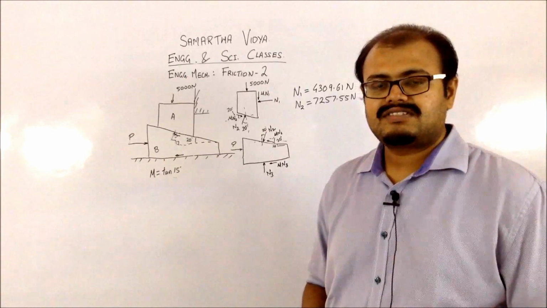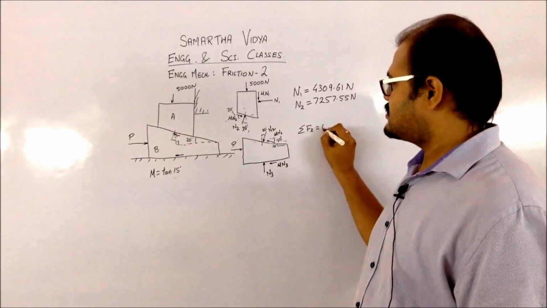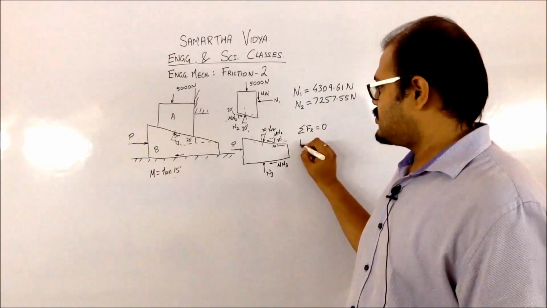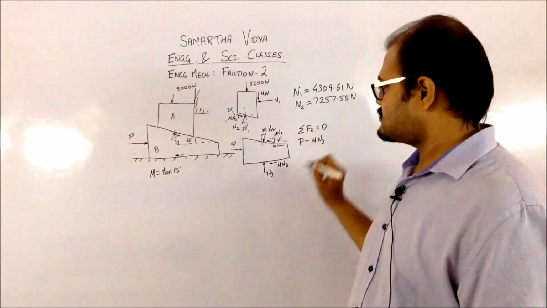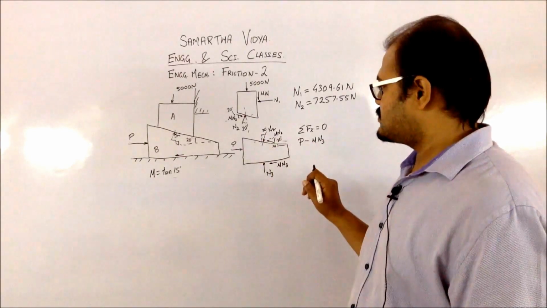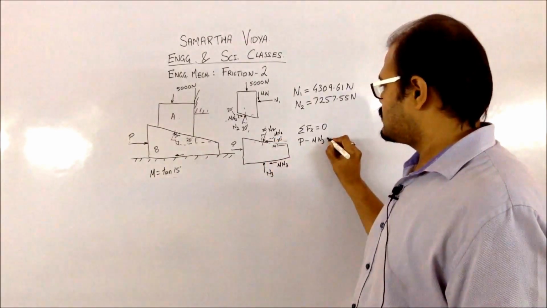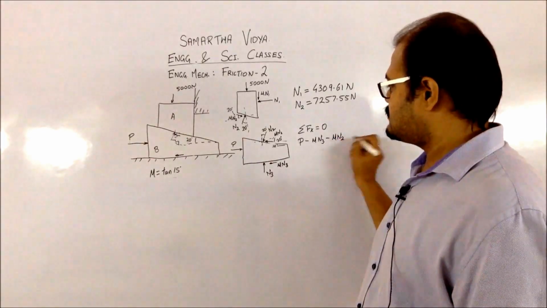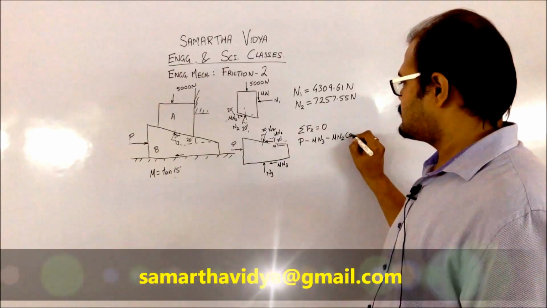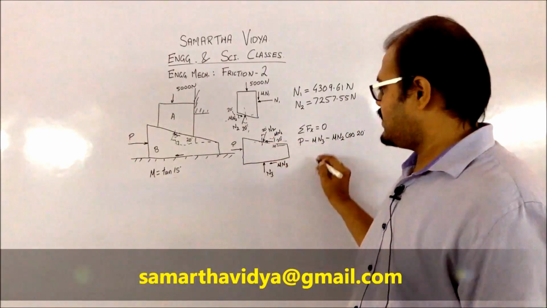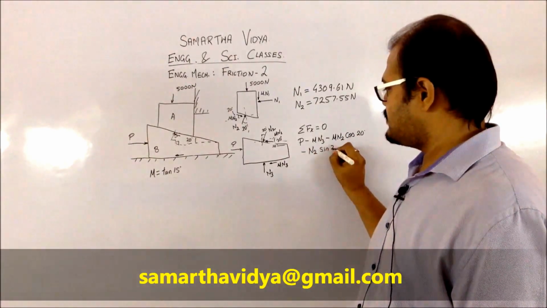So now using your summation Fx, summation Fy, so summation Fx equation, you will be getting it as your P, which is the unknown force, then minus mu N3, then the component of these two forces, so that is going to be your minus mu N2 cos 20, and from N2 it's going to be minus N2 sin 20.